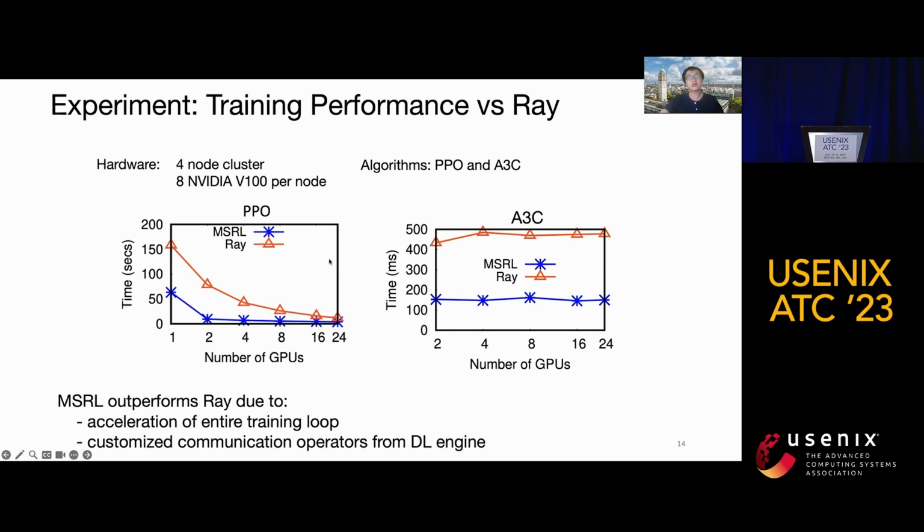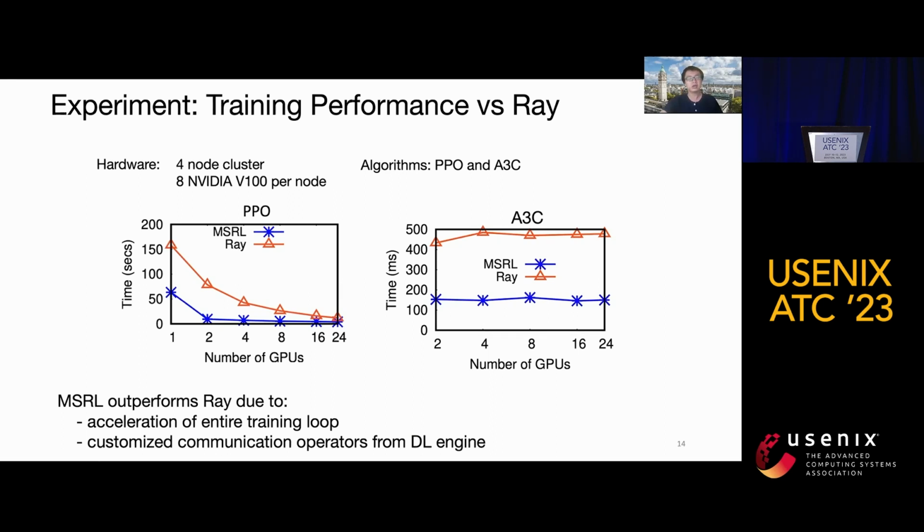So as we can see from this result, MSRL outperforms Ray in both algorithms. For PPO, it outperforms Ray about 3 times. And for A3C, it is about 2 times faster than Ray. The reason for this is that MSRL is able to accelerate the entire training loop instead of just part of it.